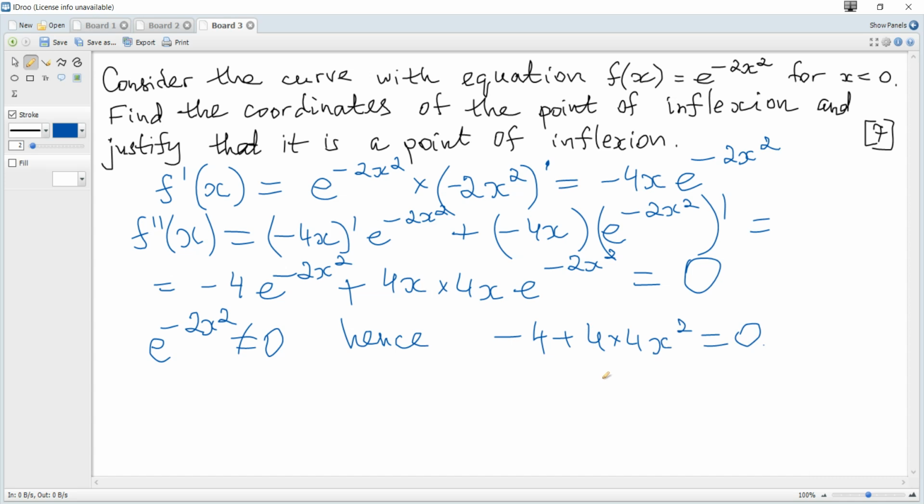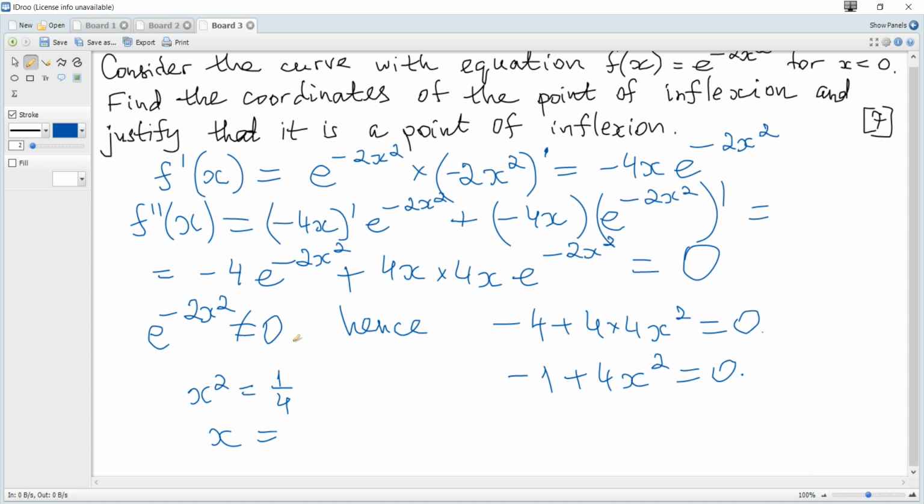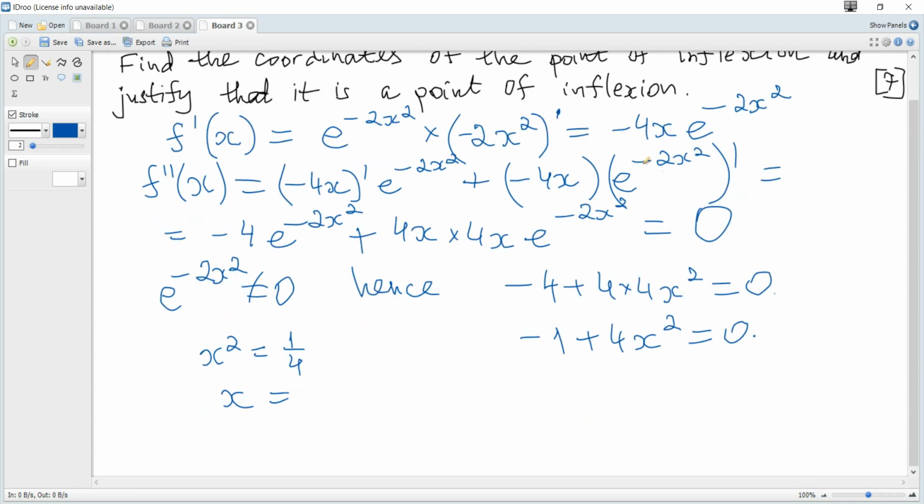We can divide each term by 4, so it becomes negative 1 plus 4x squared is 0. So x squared is 1 over 4. x is plus or minus the root of 1 over 4, but x is less than 0, so it's negative a half.